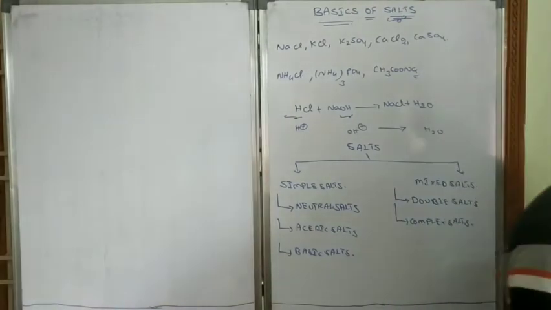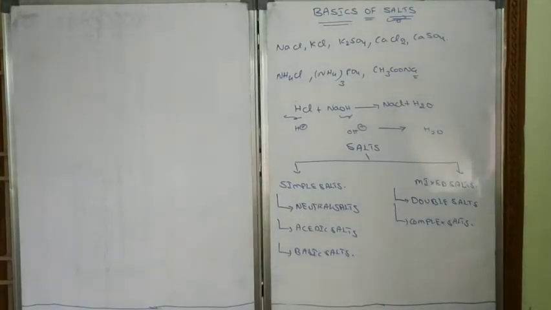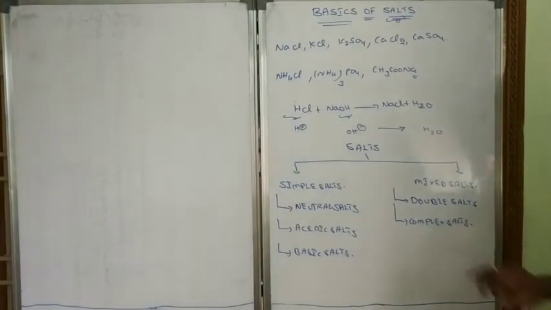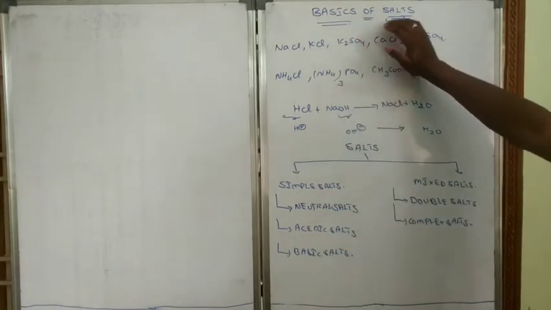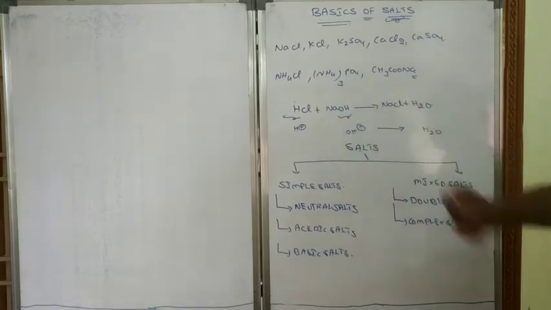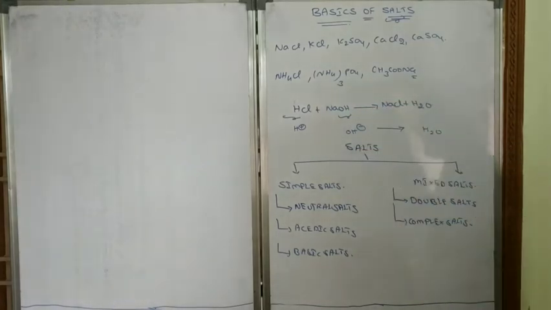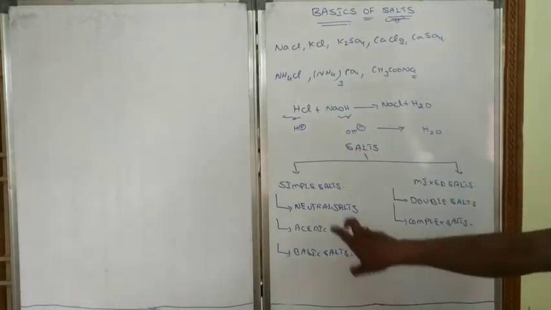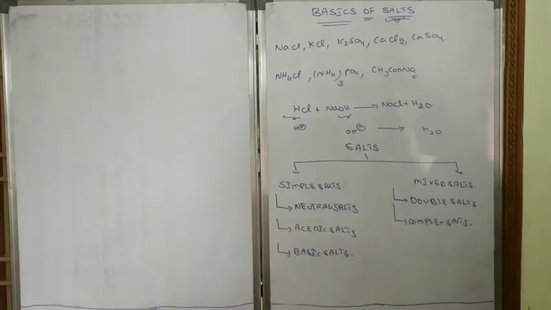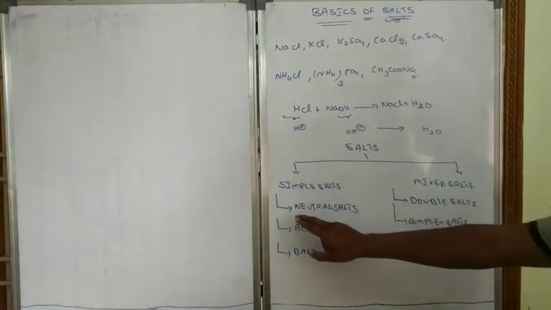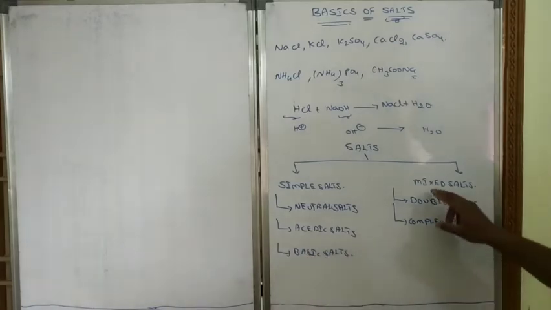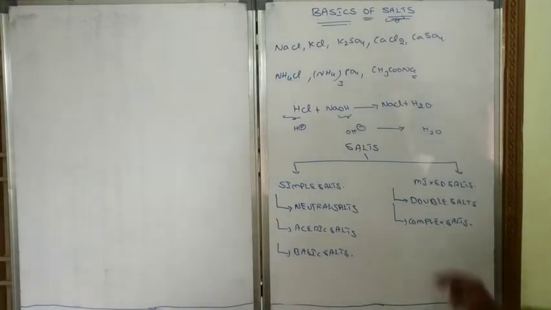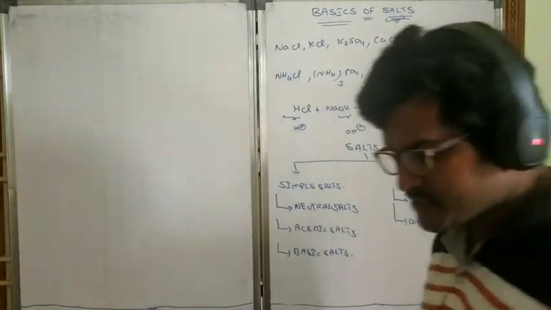So we have seen the basics of salts, some examples, and how we can classify them. Salts are classified into simple salts and mixed salts. Simple salts are classified into neutral, acidic, and basic salts. Mixed salts are classified into double salts and complex salts.